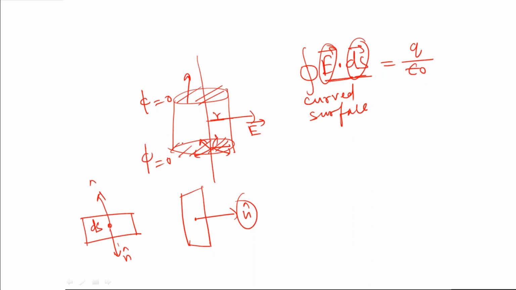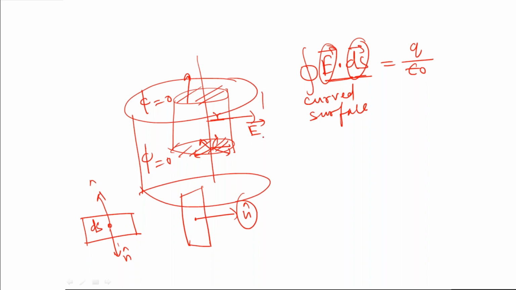So this is actually for a cylinder. What is the area of the curved surface? This is 2 pi r into L. This is my area of the curved surface. And what is the charge enclosed? Charge enclosed will be the line charge density lambda into the length of the cylindrical Gaussian surface.